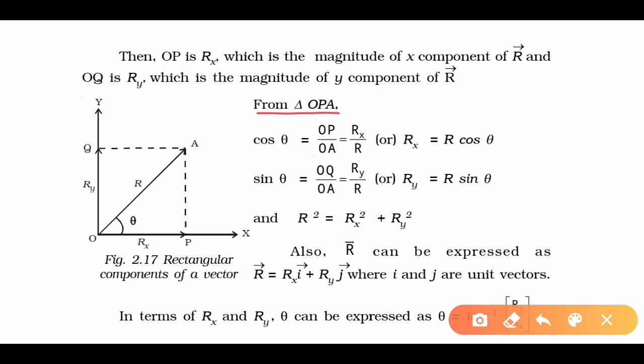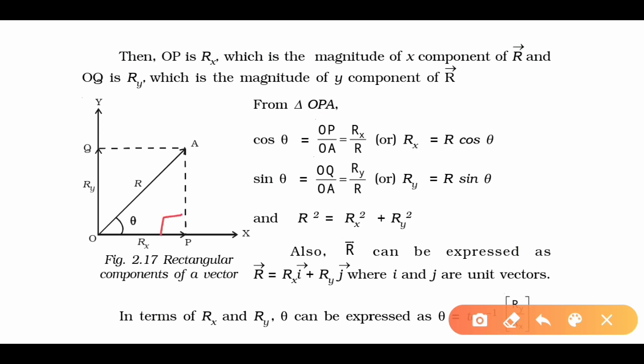From triangle OPA, in this triangle, if we find cos theta, it will be equal to OP upon OA, because this one is 90 degrees. Clear?